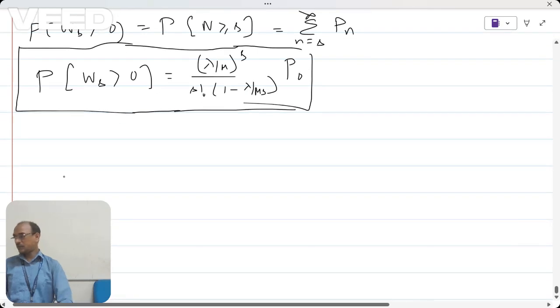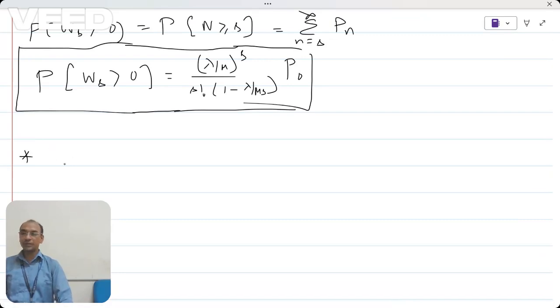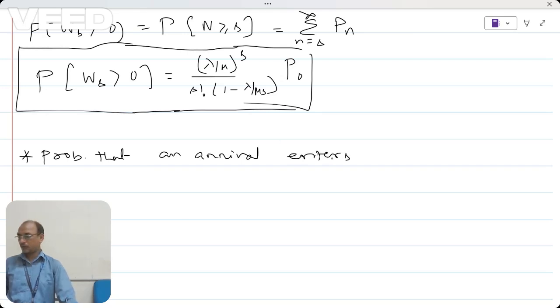And the next characteristic is the probability that an arrival enters the service without waiting.